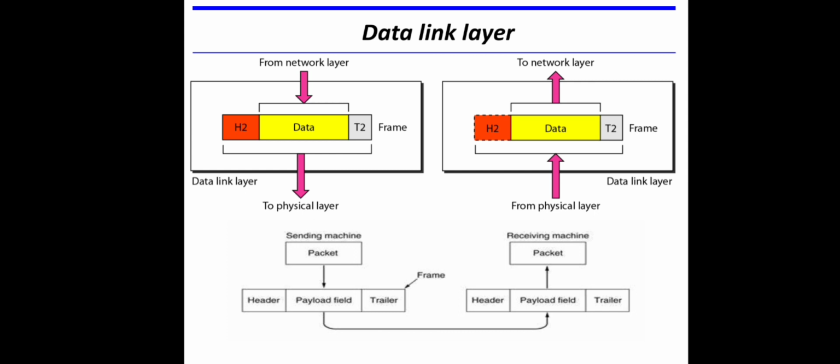How the communication can be done successfully to the next node is the concern of the data link layer. It is very much concerned about this hop-to-hop delivery, that is, how the data can be transmitted error-free. A lot of things are done by the data link layer. We can see each one.